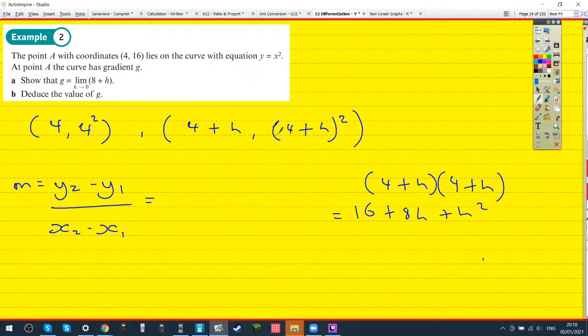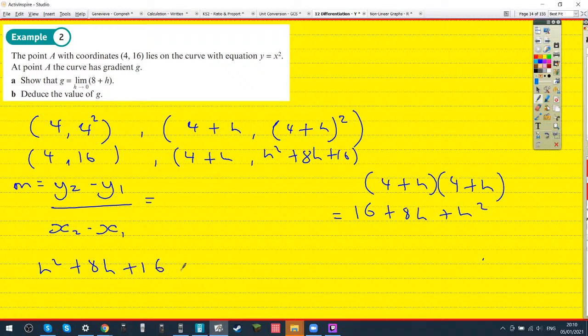And so sub them in. Okay. So it'd be 4 plus h squared, which is h squared plus 8h plus 16. So that is y2, h squared plus 8h plus 16, and then take away y1, which is 16.